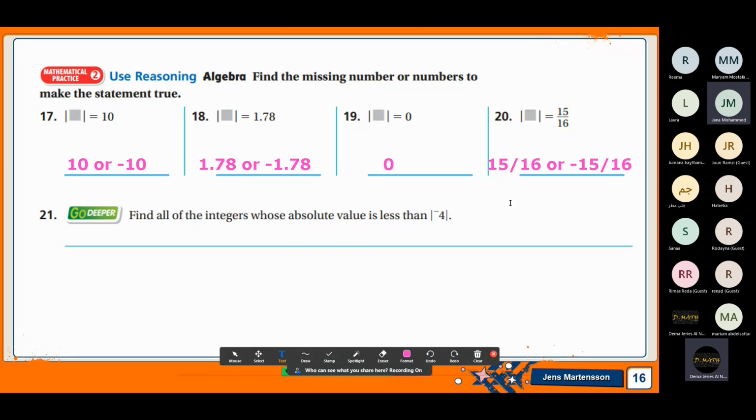Rimas, find all the integers whose absolute value is less than the absolute value of negative 4. First of all, Rimas, what is the absolute value of negative 4? It's 4. Now, I want you to give me all the integers whose absolute value is less than 4.